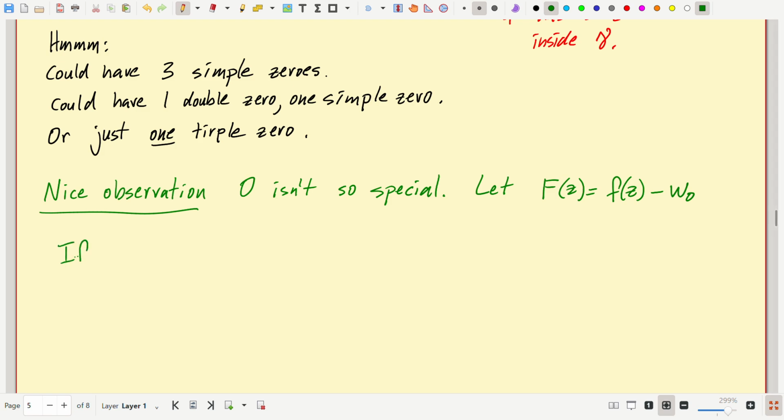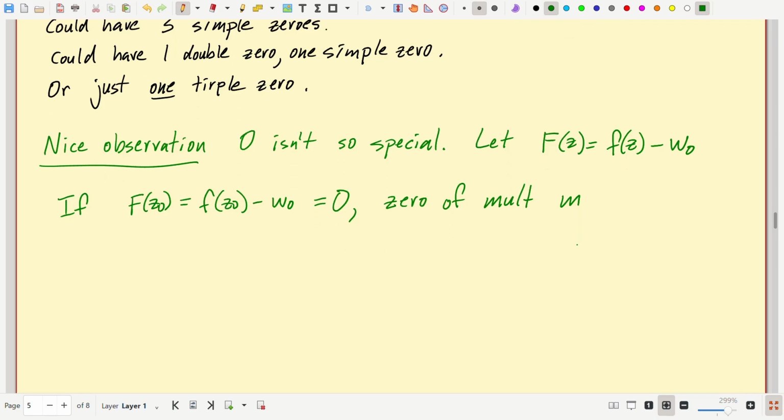Then we've said it before, if f of z naught minus w naught equals 0, and it's a zero of multiplicity m, then we say that f of z naught equals w naught with multiplicity m.